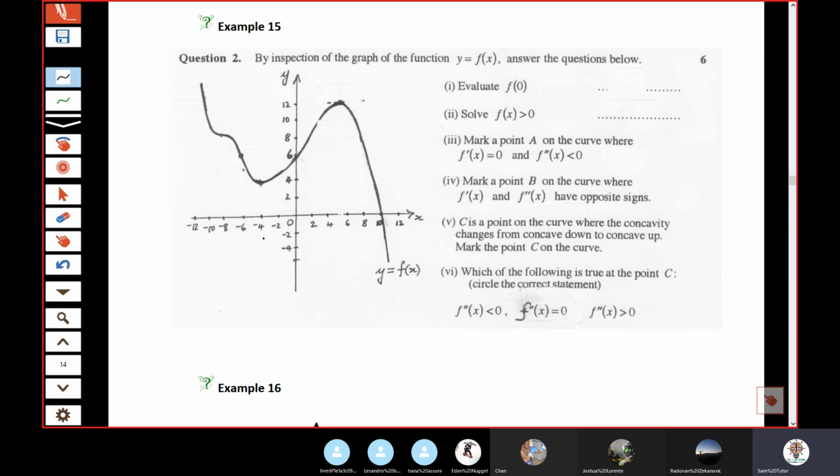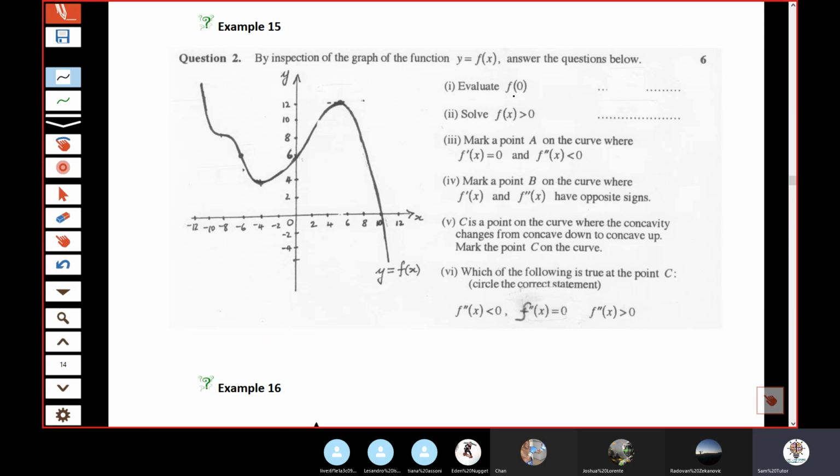Trust me, you do. Anyone? Evaluate f of 0. What does that mean? Seriously, don't overthink this. Subbing 0 for x.